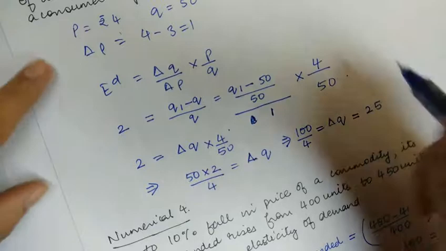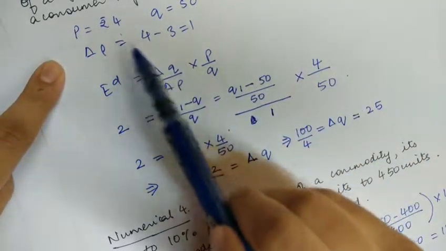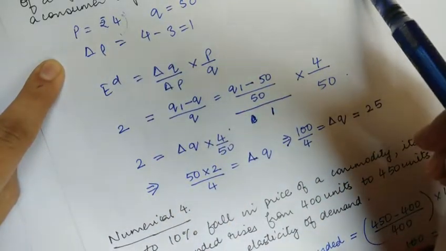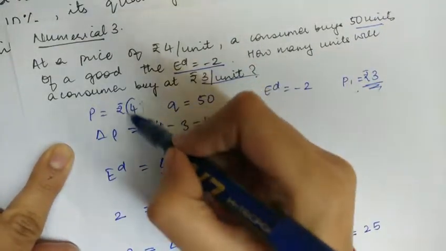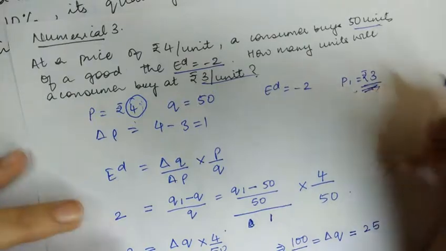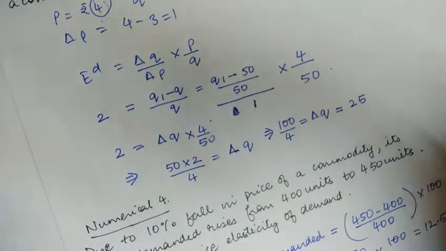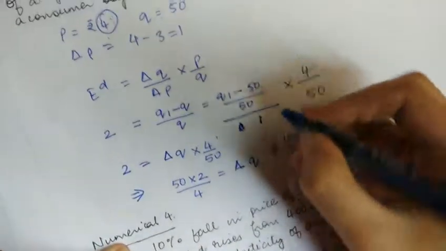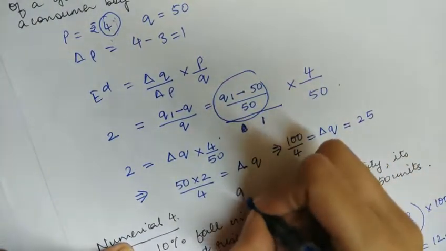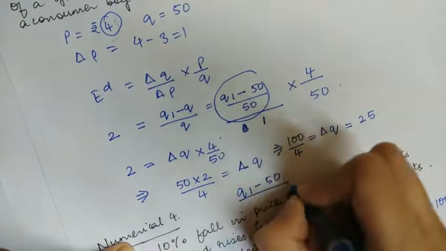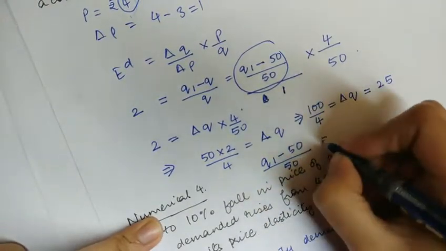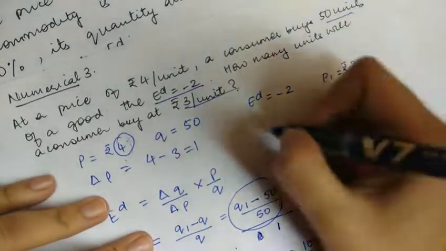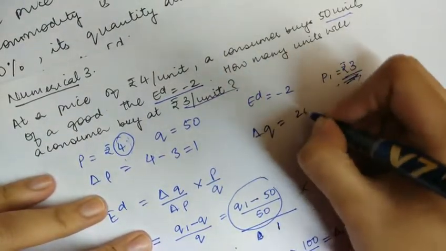Now you know that the price here is falling from 4 to 3. So when the price is falling, the quantity tends to rise. You can either calculate this, that is, find out Q1 minus 50 upon 50 is equal to 25, or you know that change in Q is equal to 25.